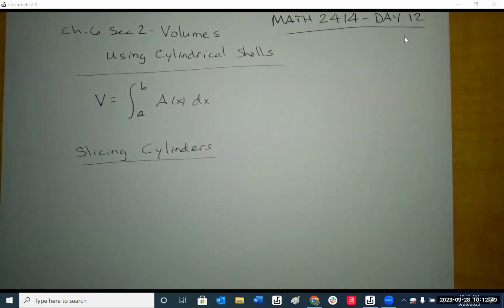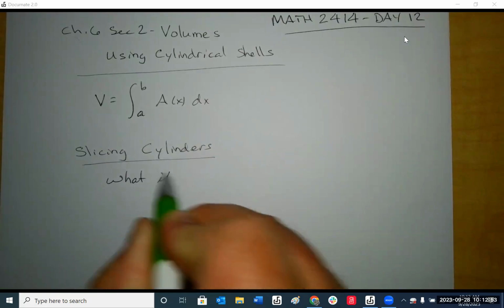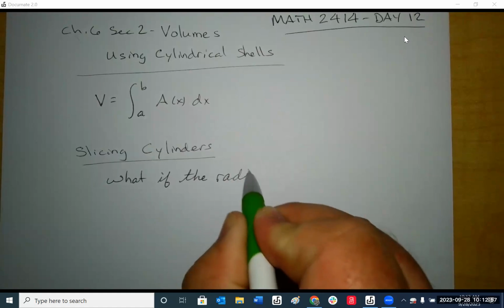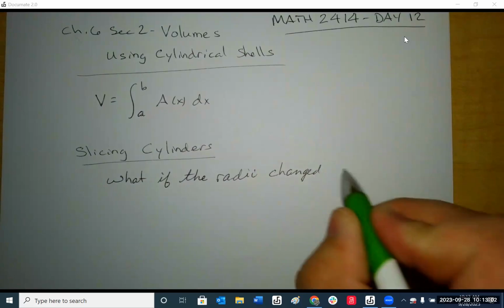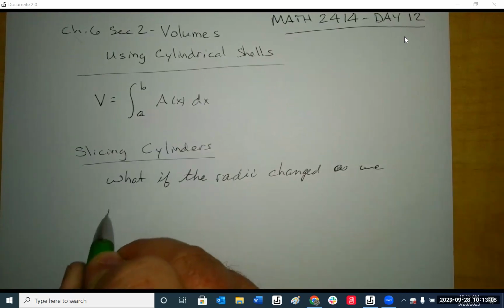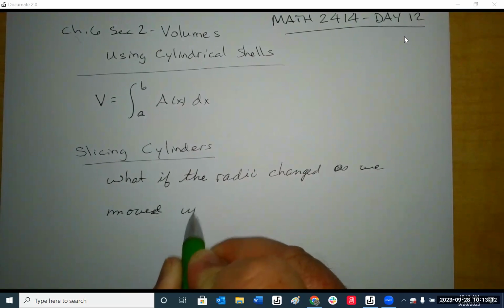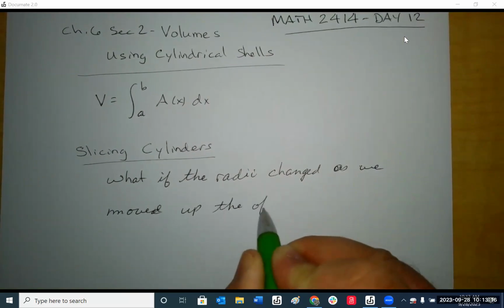Since the radius changes, what if the radii changed as we moved up the object?